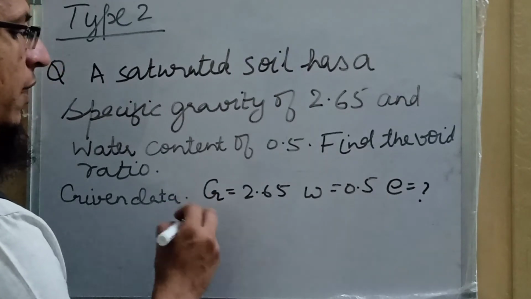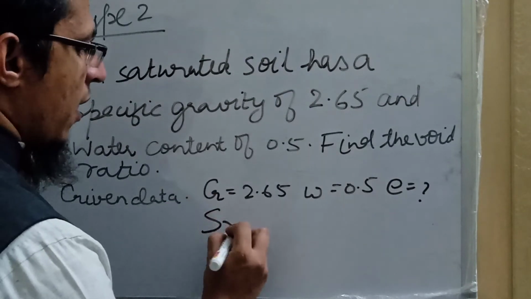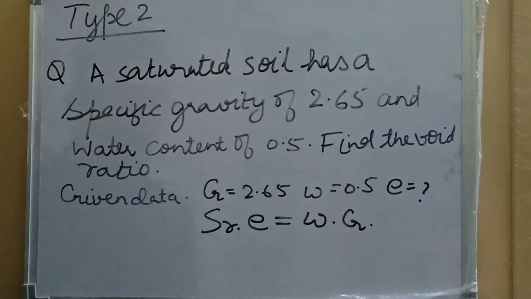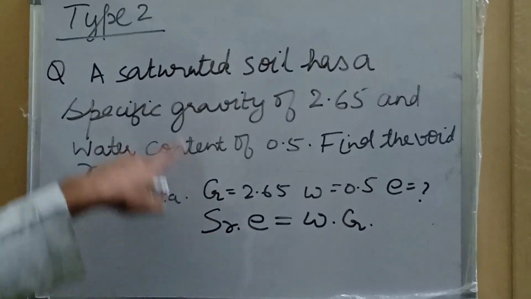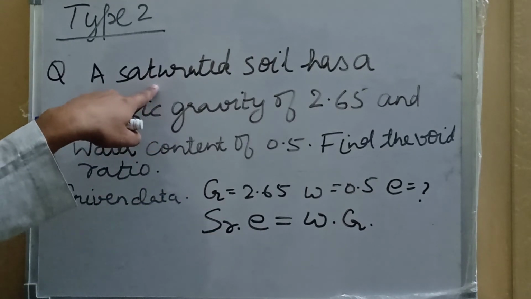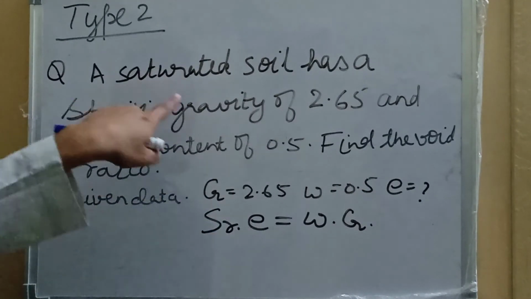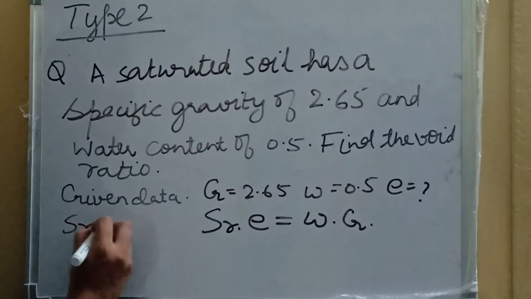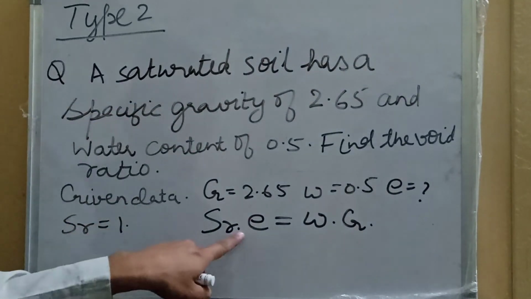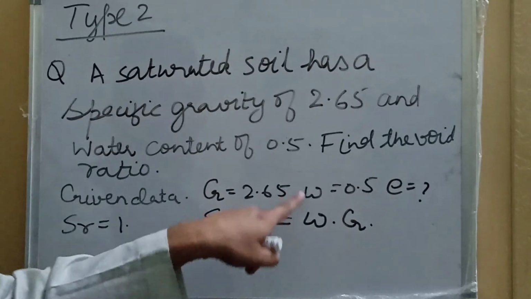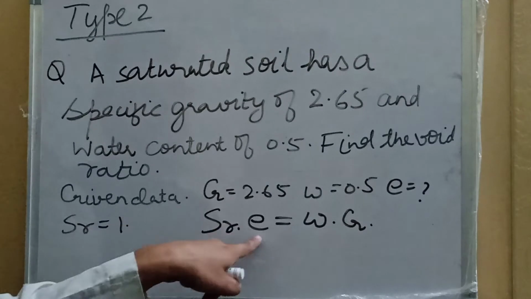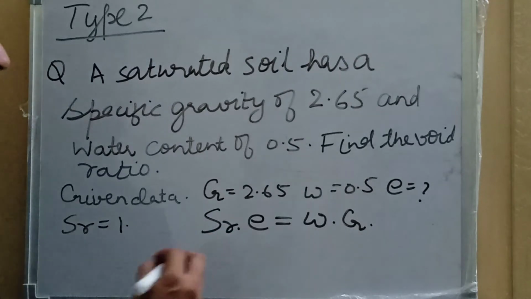The known interrelationship is S_r into e is equal to w into G. We know that for saturated soil the degree of saturation S_r will be 1. So we replace that value here, and we know the water content and specific gravity both, so we can simply calculate the void ratio.